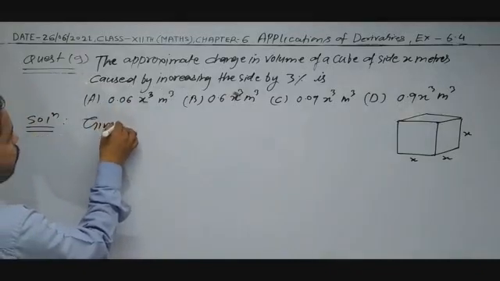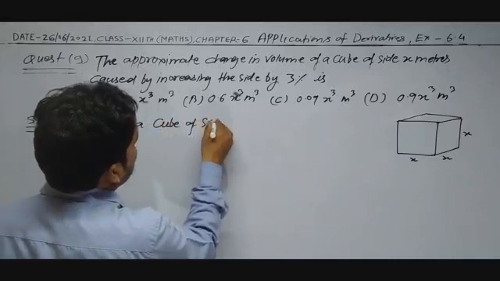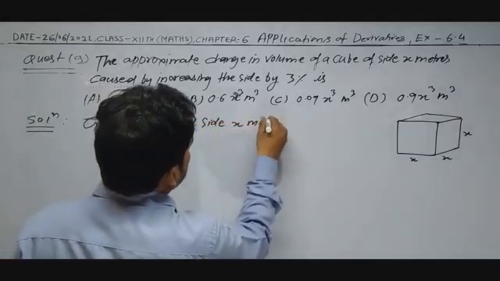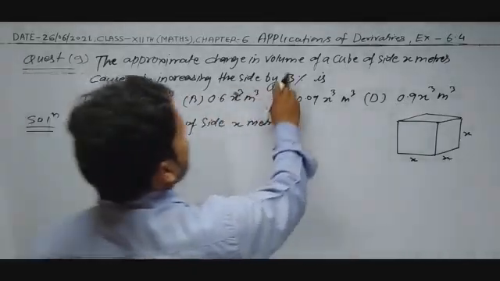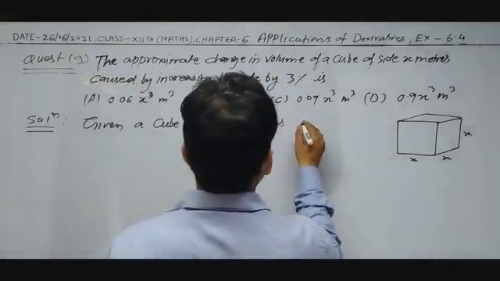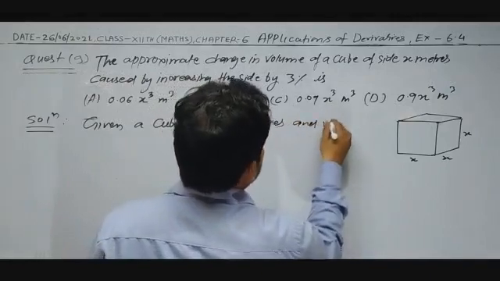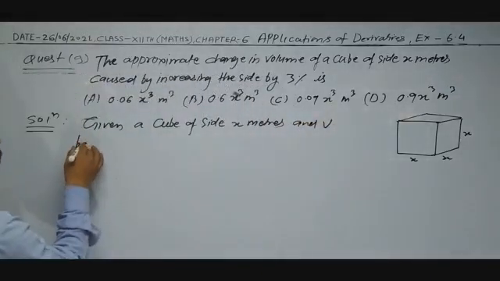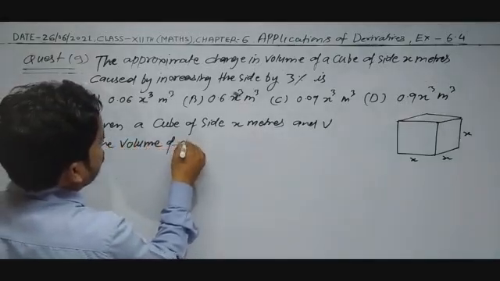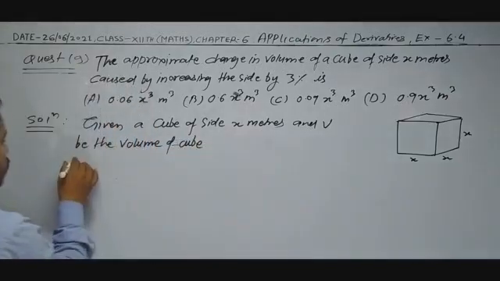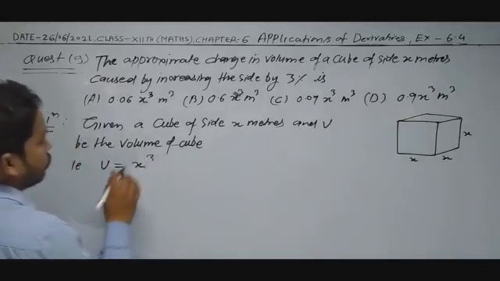Given a cube of side x meter and volume of cube, capital V, such that V is equal to x cube.